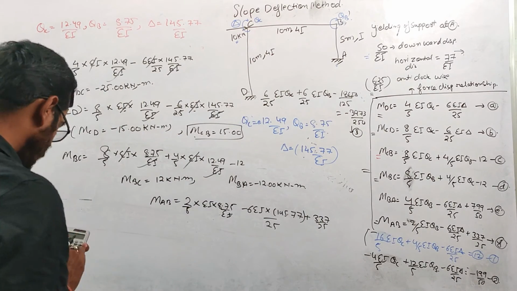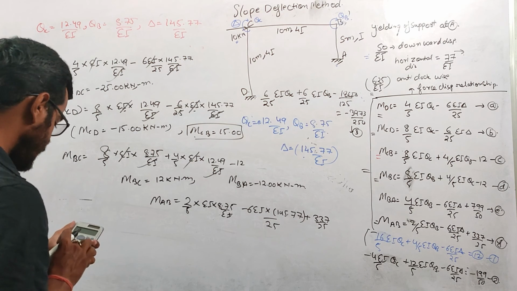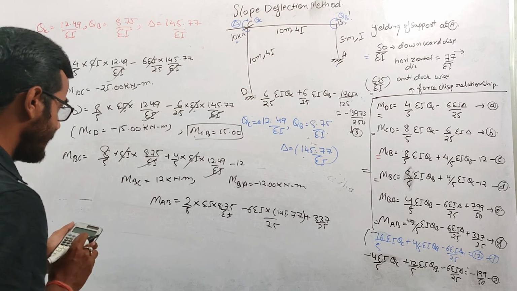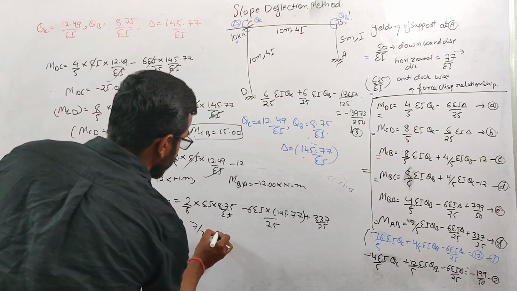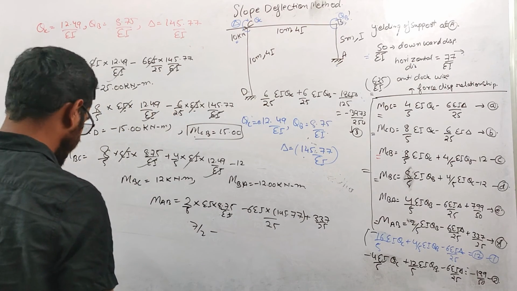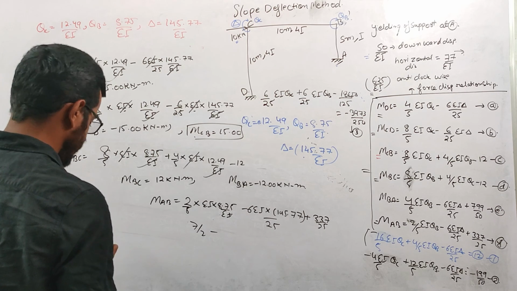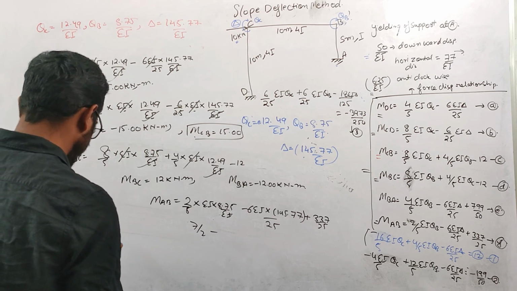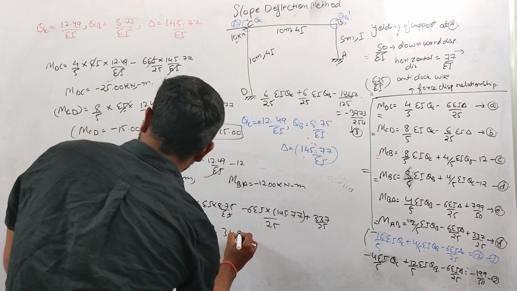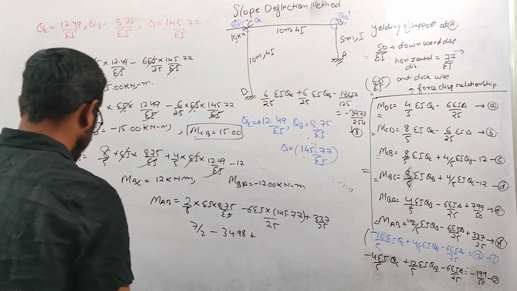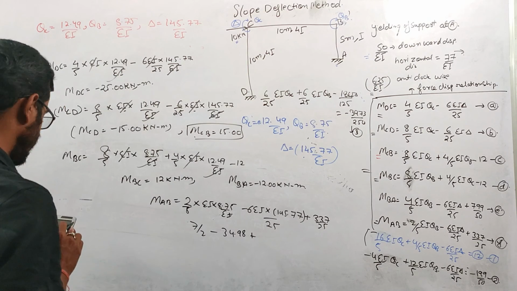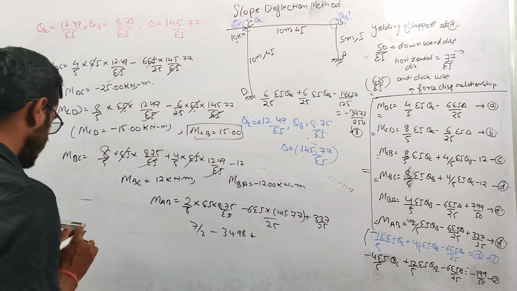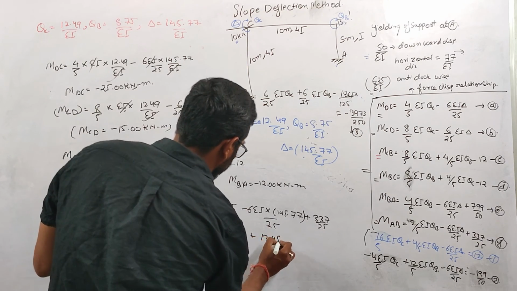If we calculate this, this is 7 by 2, this is 6 into 145.77 divided by 25, so this is 34.98, plus this is 337 divided by 25, which is 13.48.